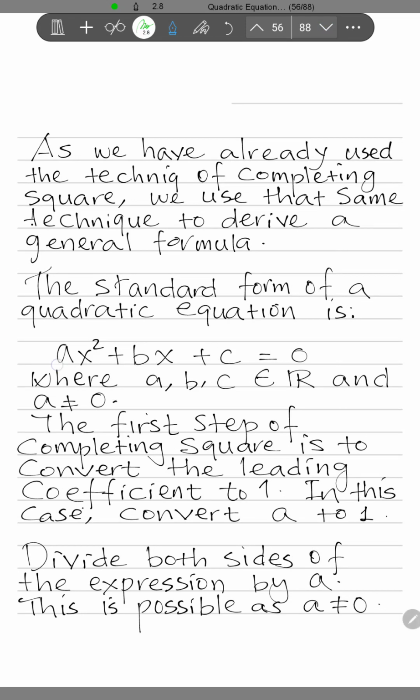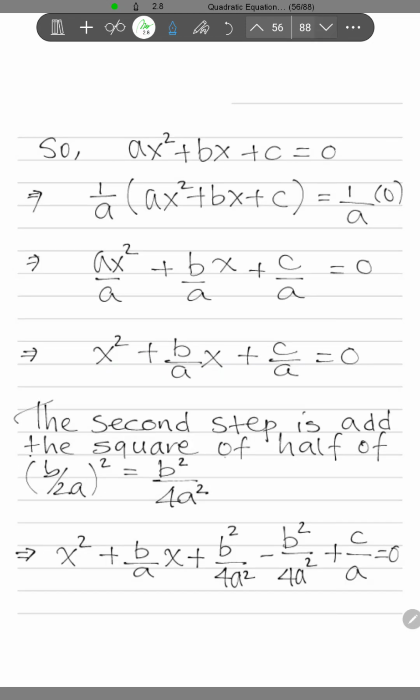The same thing: we make the leading coefficient just 1, so we have to divide both sides by a, or multiply both sides by 1 over a. So we can bring the equation to the form x squared plus b over a x plus c over a is equal to 0.